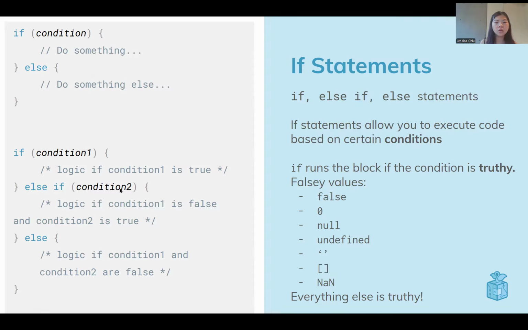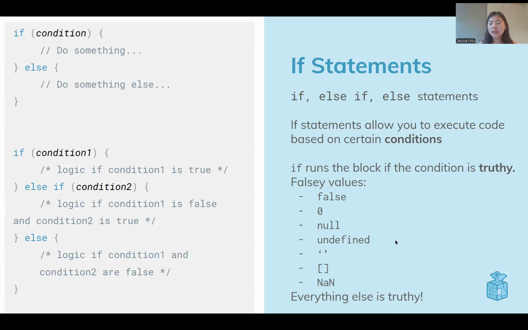Okay, so then the question is, what is a true value? The easier question to ask though is what is a false value? False values are confined to this list of things: false, zero, null, undefined, empty quotes, empty brackets, and NaN. Okay, so these are all the false values that we can have.